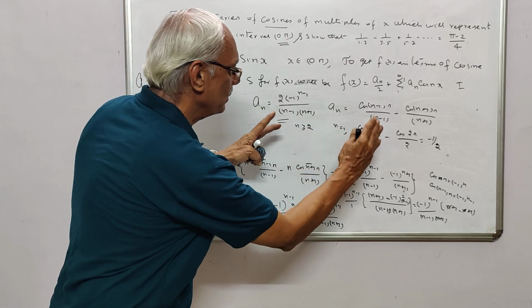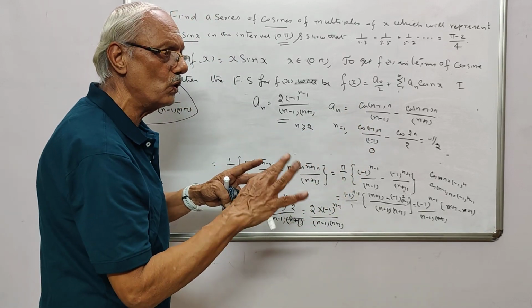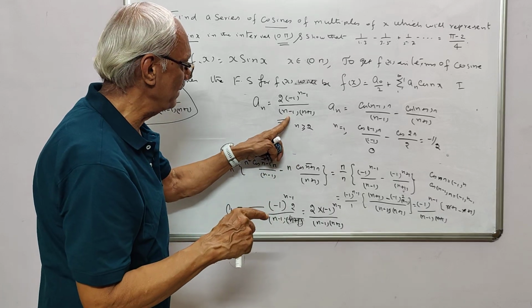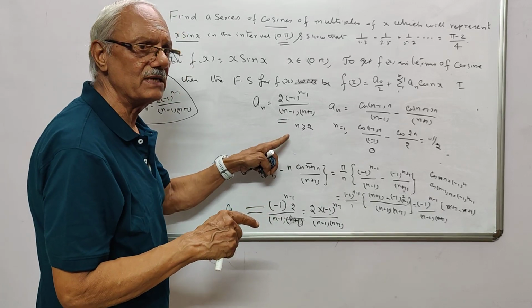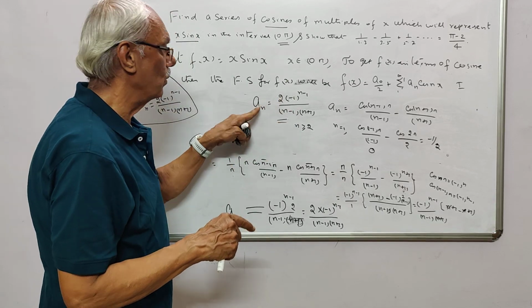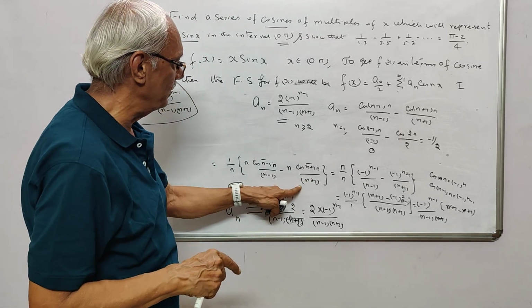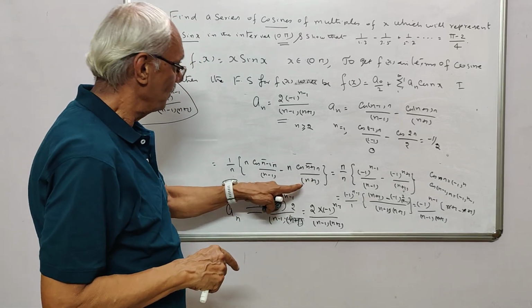Coming to this place, where we are discussing the general case, because this n minus 1 is at the bottom, it is giving us trouble. When n is equal to 1, this will become 0, but it cannot become 0 because the value of an has been found from this only.